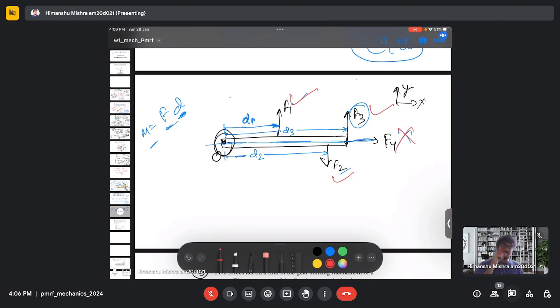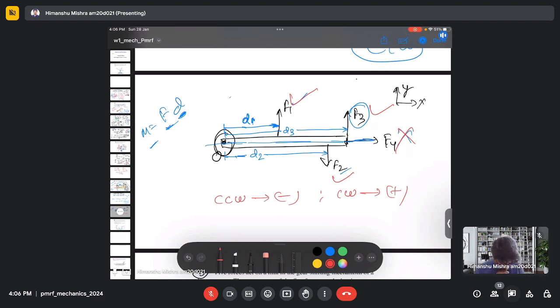Now you need to check the direction. Earlier we took counterclockwise as the positive direction. Let's say now we are taking counterclockwise as the negative direction, and clockwise as my positive direction. You can choose anything, counterclockwise either positive or negative, same with the clockwise direction.